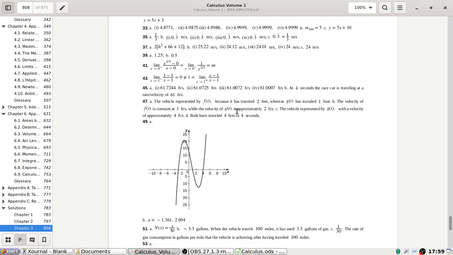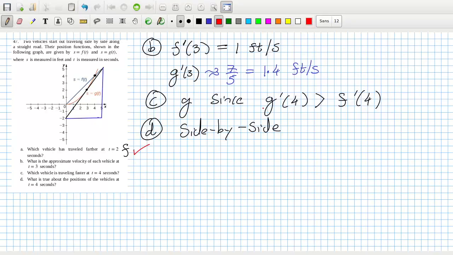The velocity of f is 1, while g is approximately 2. Okay. That's a poor reading from the graph for me. I don't know. I thought it looked pretty tangential when I drew it. But I guess it's steeper. Should be 2.